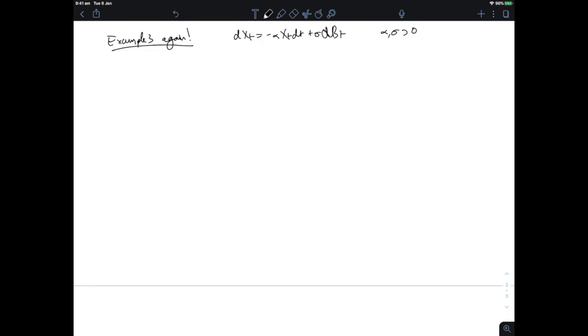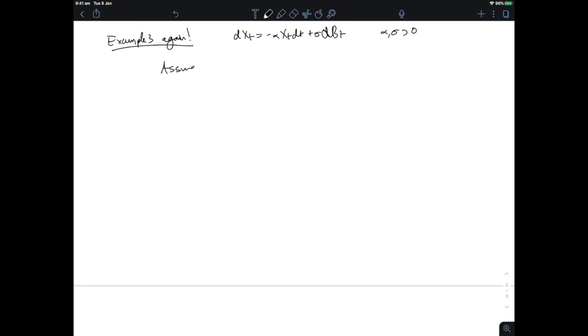Okay, so let's try this example 3 again. I'm looking at dX_t equals minus alpha X_t dt plus sigma dB_t. Alpha and sigma are just positive numbers, and trying to find X_t of the form of a function of time and the Brownian didn't work out. So I'm going to try something else.